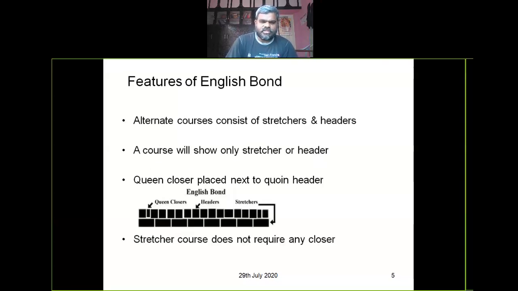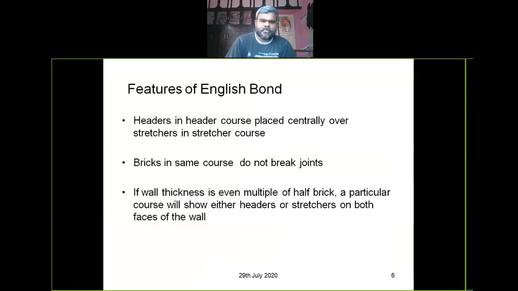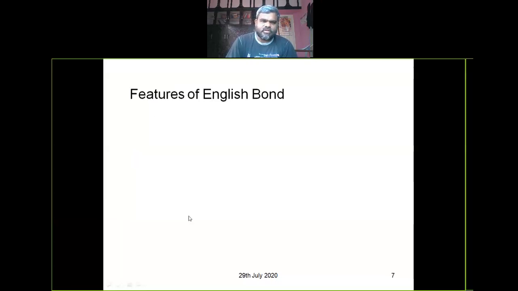If the wall thickness is an even multiple of half a brick, a particular course will show either headers or stretchers on both sides of the wall, right?